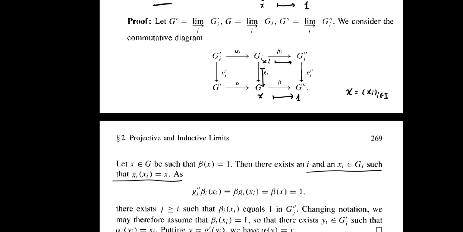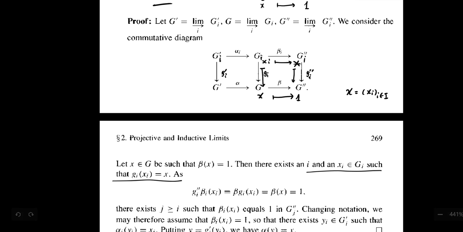And the Gi double prime, so it's here. The Gi double prime beta I xi equals beta Gi xi, something here, right? The image here is mapped to 0. Put a star here, it's difficult.